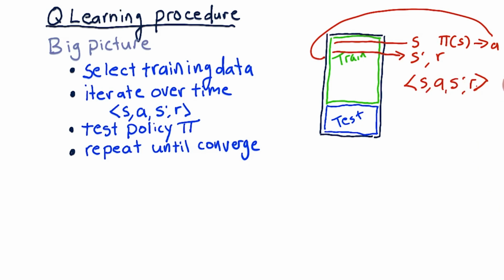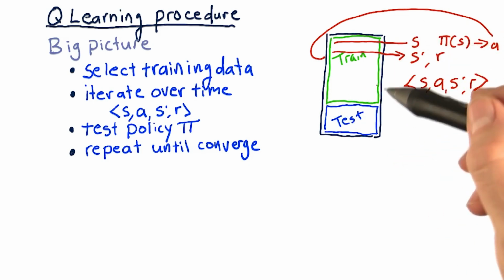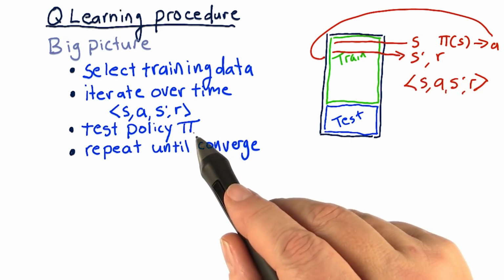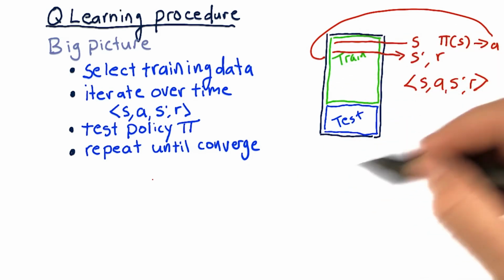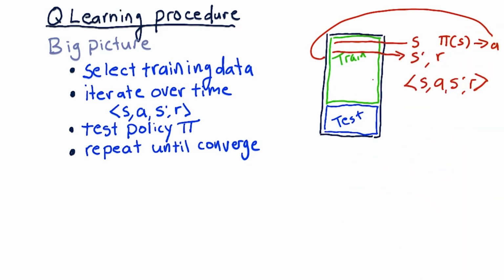We use that experience tuple to update our Q table. Once we get all the way through the training data, we test our policy, and we see how well it performs in a back test. If it's converged or it's not getting any better, then we say we're done. If not, we repeat this whole process all the way through the training data.